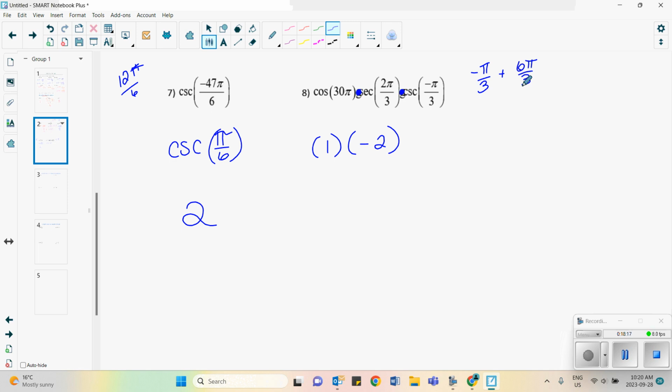So sine is going to be negative, right? Because we're doing the reciprocal. And now we're going to go ahead and multiply them. Does it matter where you put the negative? No.